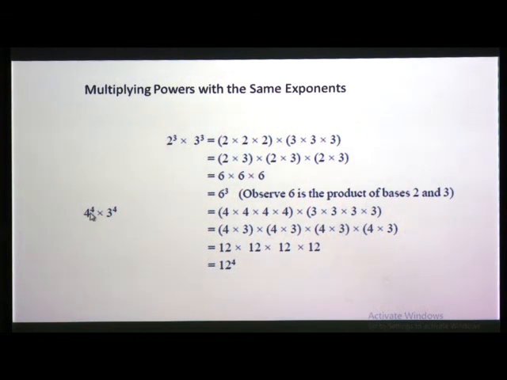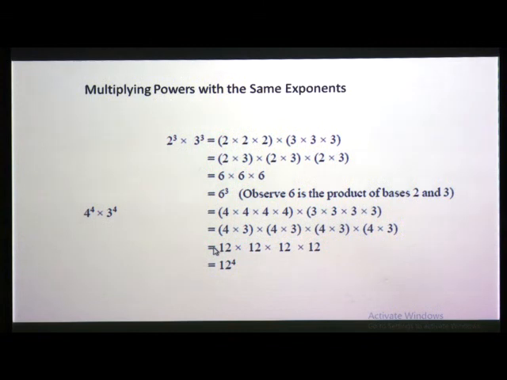Here it is 4 to the power 4 into 3 to the power 4. We will say that 4 to the power 4 is written as 4 into 4 into 4 into 4. 3 to the power 4, or we can say 3 raised to 4, we can write as 3 into 3 into 3 into 3, 4 times. Make sets of these: 4 into 3, 4 into 3, 4 into 3, 4 into 3. Now, you know the product of 4 times 3 is 12, so 12 into 12 into 12 into 12.